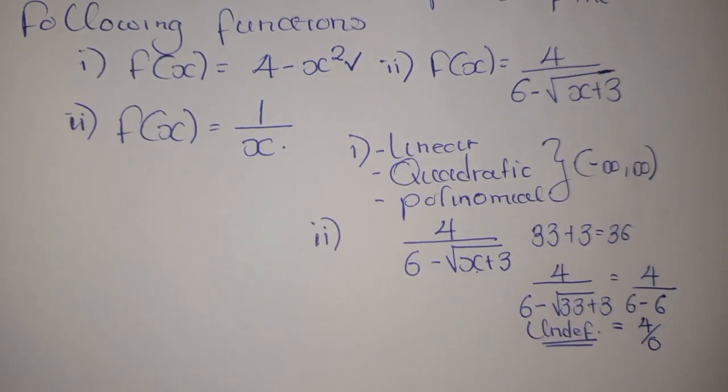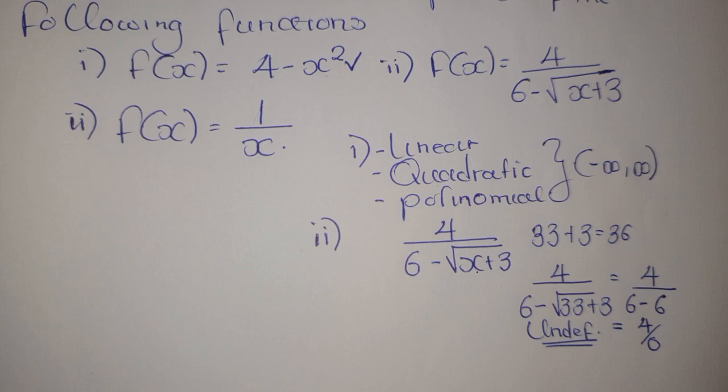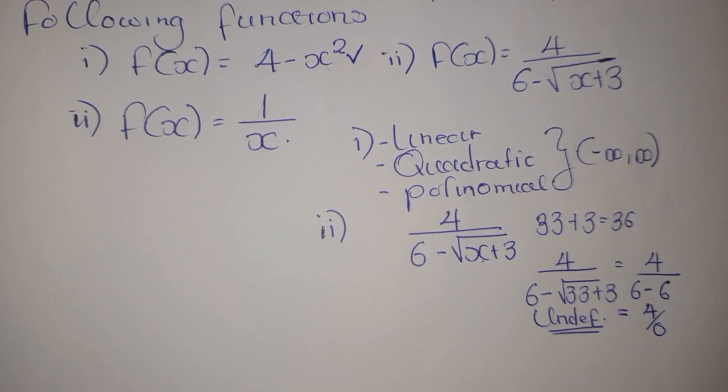So that means 33 should not be part of our domain. Any number apart from 33 cannot make this expression undefined. But what again is the other rule?